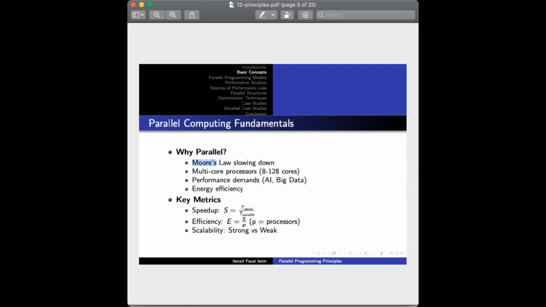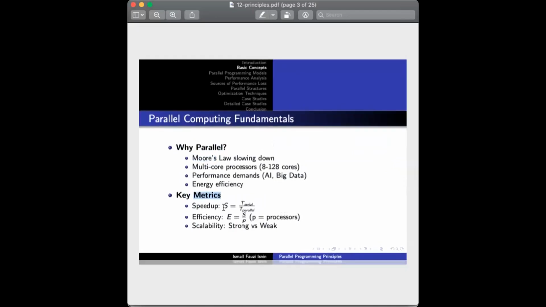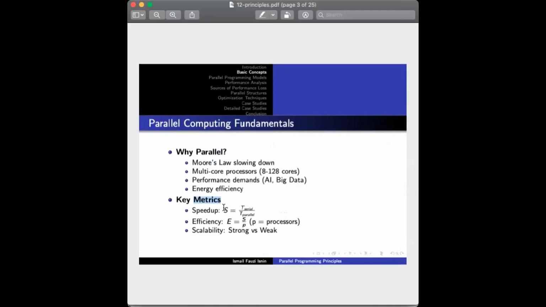To measure how well your code or software scales, we rely on three metrics: speedup, efficiency, and scalability. Speedup evaluates our performance gains by dividing the total serial execution time by the parallel execution time.